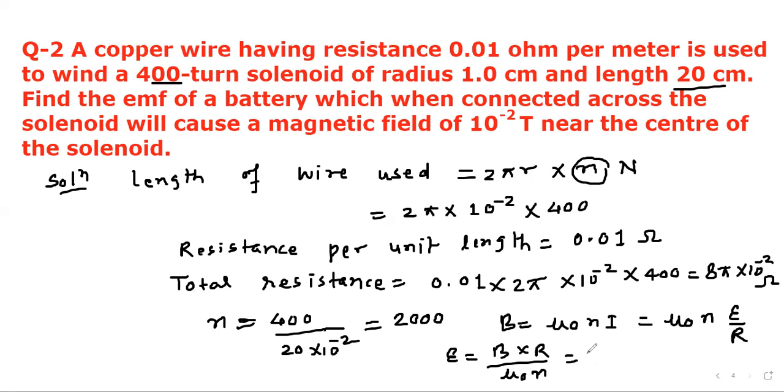We put the values: 10 to the power minus 2, the magnetic field given here, times the resistance we have got, 8 pi into 10 to the power minus 2, divided by mu naught, which is 4 pi into 10 to the power minus 7, into number of turns per meter, 2000. So let's evaluate it. Here everything will cancel out and we will get 1 volt.